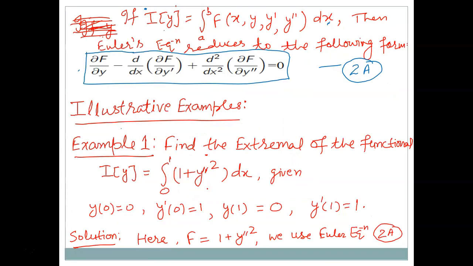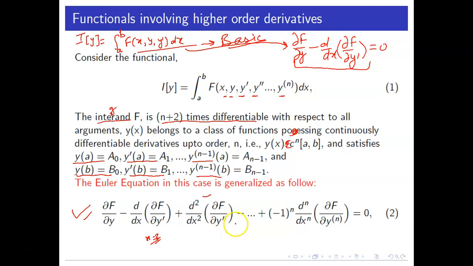Up to n equal to 2, we have the derivatives up to these terms. If we have the functional I(y) in this form, with derivative up to second order, y'', then the Euler equation reduces to the following form: the equation is restricted up to this term only, and the right hand side is 0.